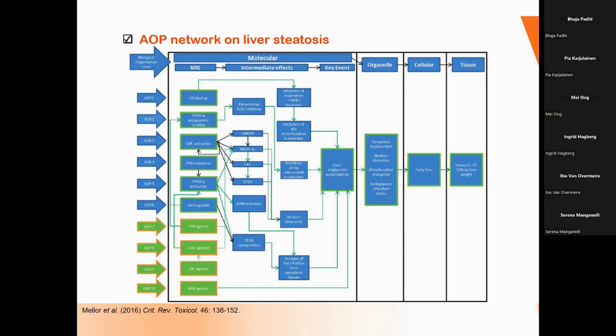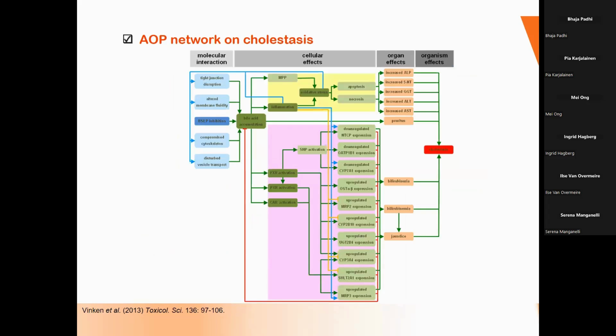So it can be macro or microvesicular steatosis. And depending on this, you also would notice a distortion of other cellular organelles. So we tend to call this a fatty liver, but of course, I would say the more scientifically correct terminology here would be steatosis. So that's an example of an AOP network.